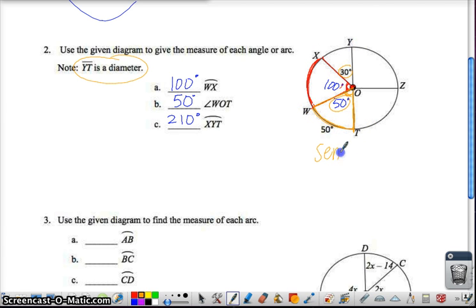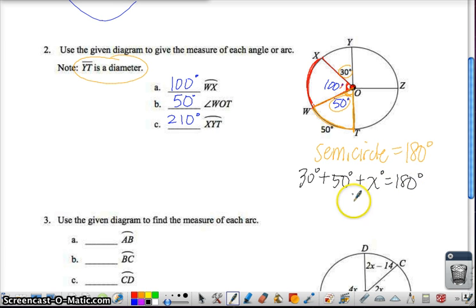And a semicircle is equal to 180 degrees. So that means 30 degrees plus 50 degrees plus x degrees equals 180 degrees. Therefore, I can see that x, in this case this angle, is 100 degrees. And if this central angle is 100 degrees, that means the arc must also be 100 degrees.